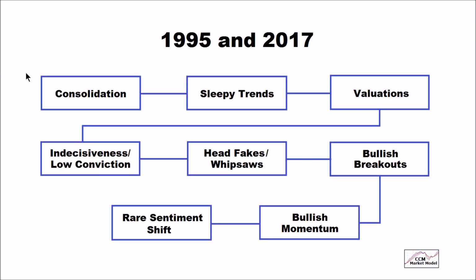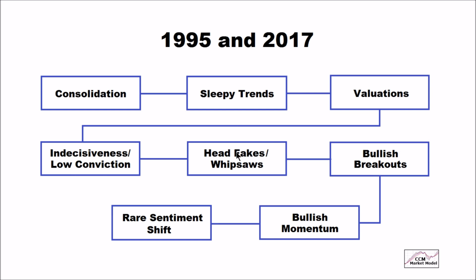To summarize some of the similarities we covered between 1995 and 2017, in recent months, both periods featured consolidation and sleepy trends, somewhat questionable valuations, indecisiveness and low conviction from an asset class performance perspective, head fakes and whipsaws, bearish turns, bullish turns.